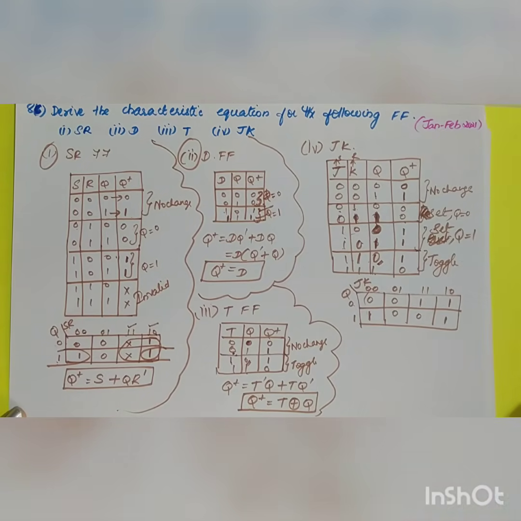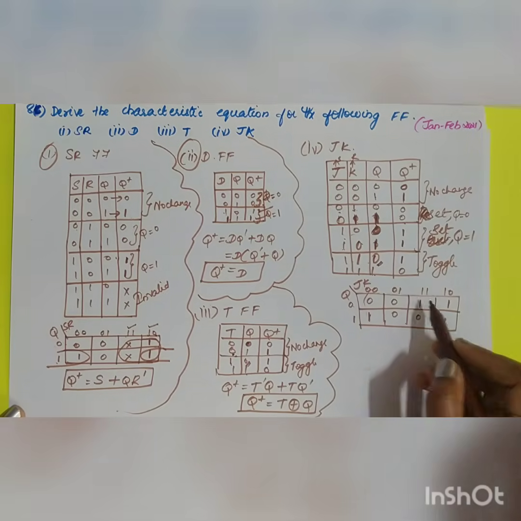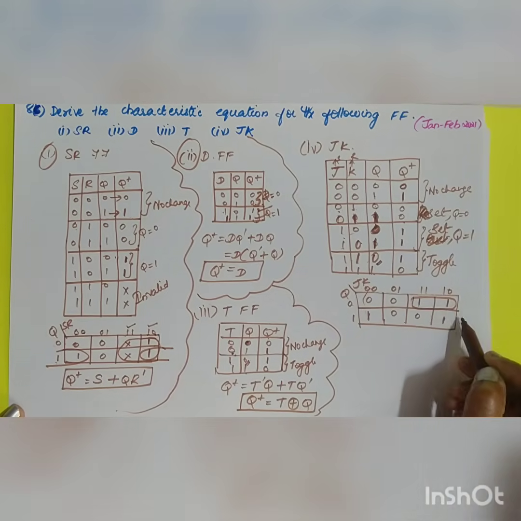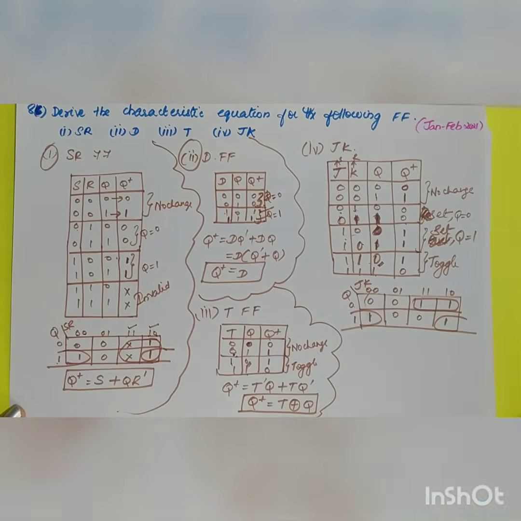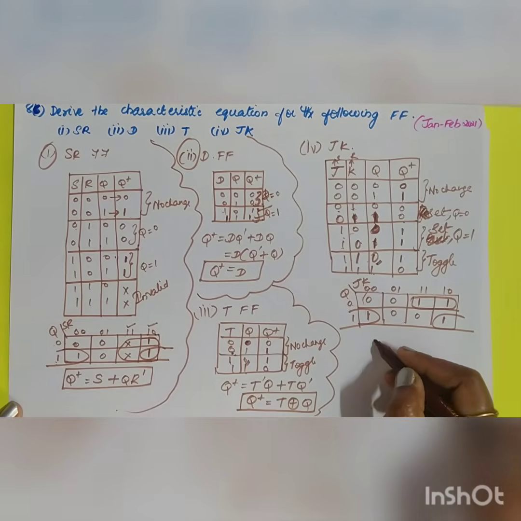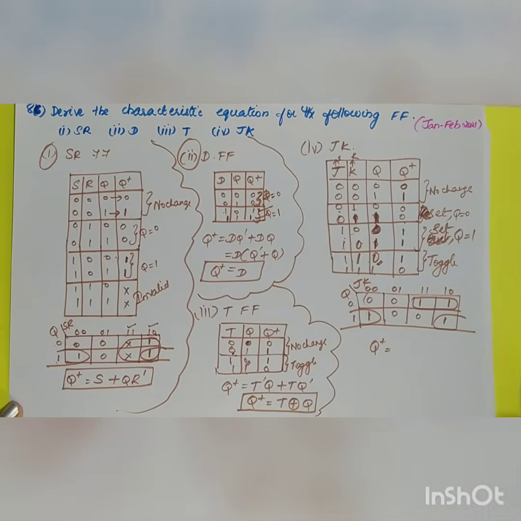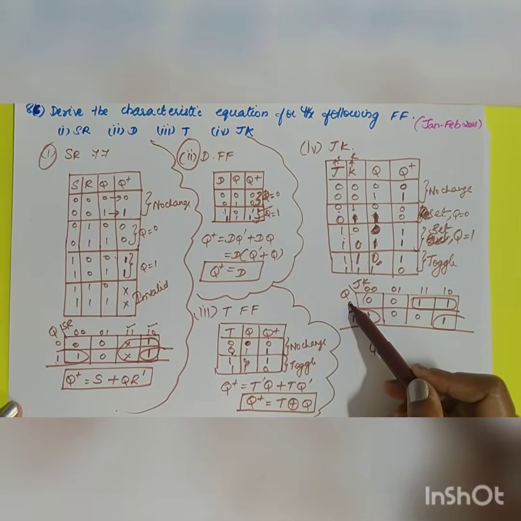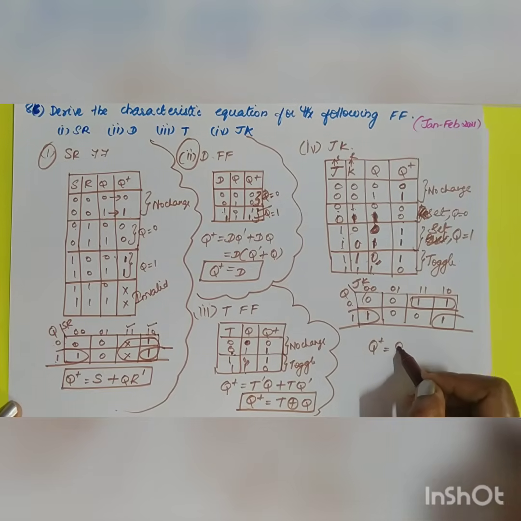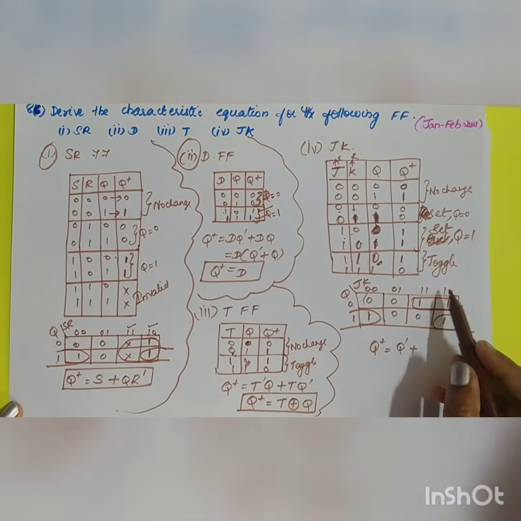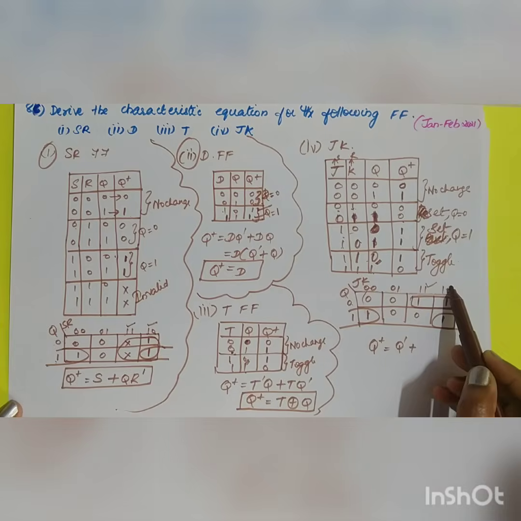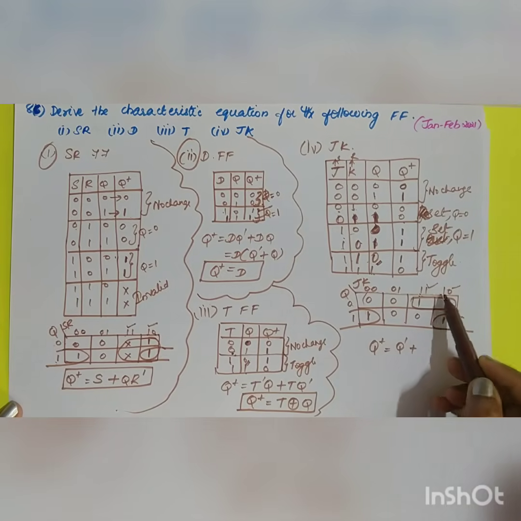Okay. So these are the values which you have got. So I can group these two together, right, and these two ones together. So what will be your Q plus, your next characteristic equation? Here it is Q bar or Q dash, plus the 1 0 will get cancelled, so you have J is equal to 1.